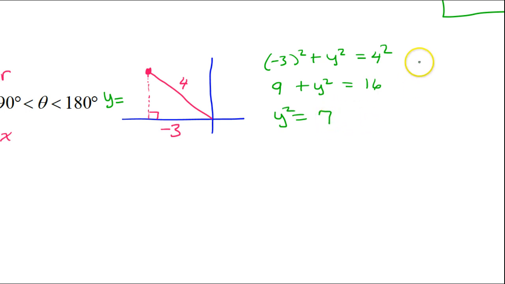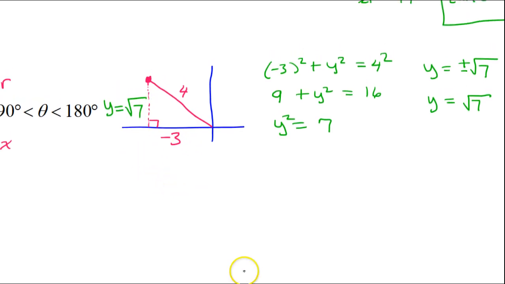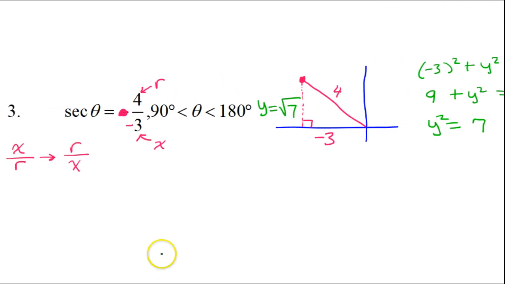So that means that y is equal to, now normally I would say plus or minus the square root of 7. But as we discussed, it has to be positive. So I'm just going to say y is equal to the square root of 7. Okay, so that is the information that we're going to need to do the problem.